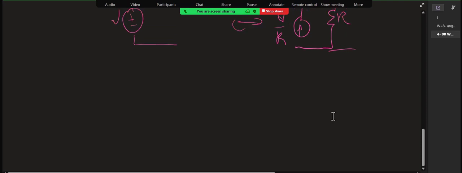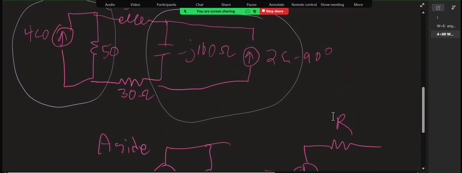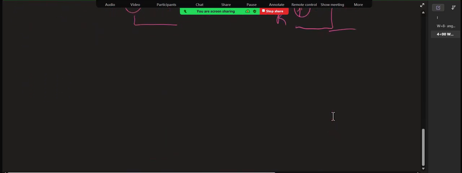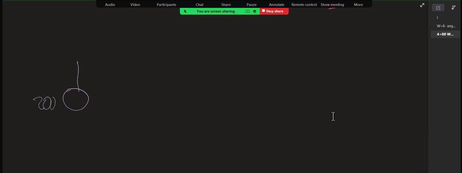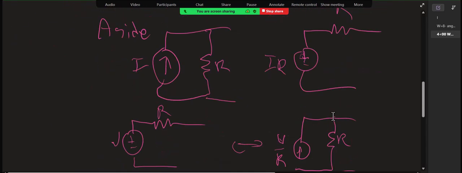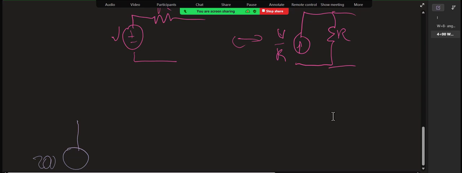And so our voltage source on this side will be 4 times 50, which is 200. So our voltage source will be 200. And that was a 50 ohm resistor, yes. And so we'll just have a 50 ohm resistor.